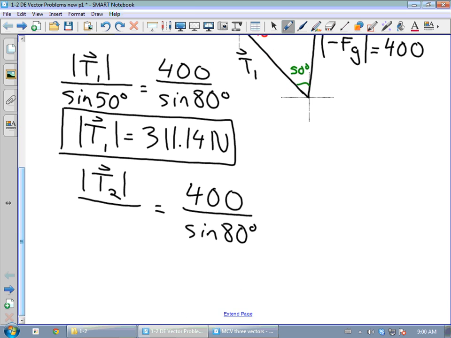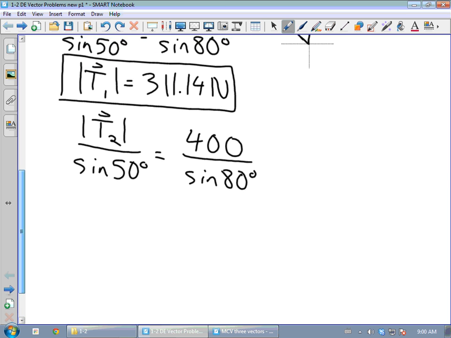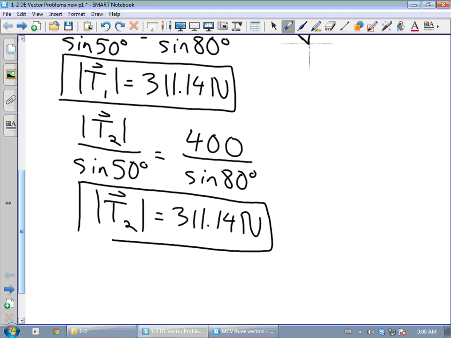Oh, that's also 50 degrees. So it turns out here that our two tensions are going to be exactly the same. The magnitude of T2 is also 311.14 newtons. So those two tensions, the magnitudes of those two forces, is our final answer.